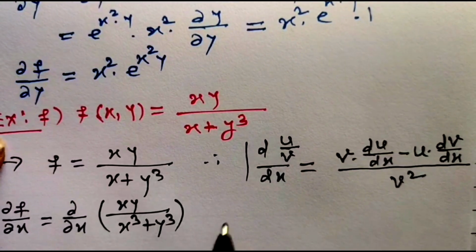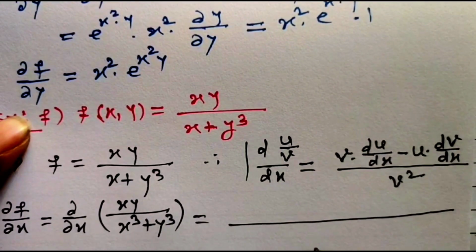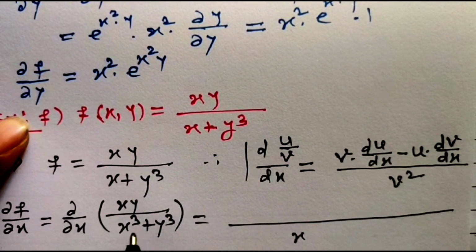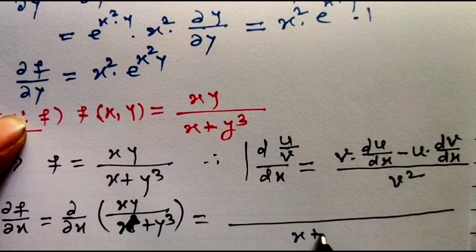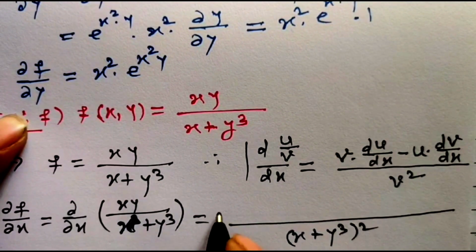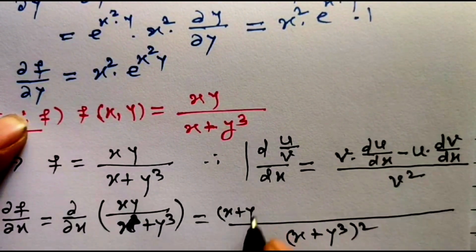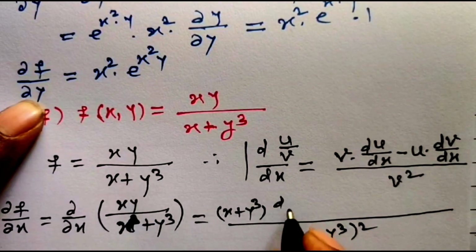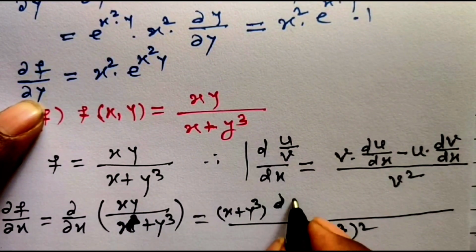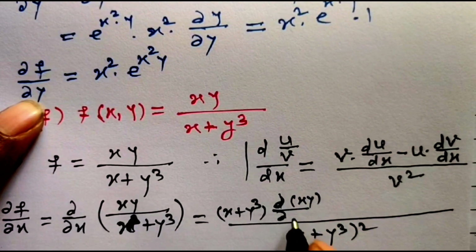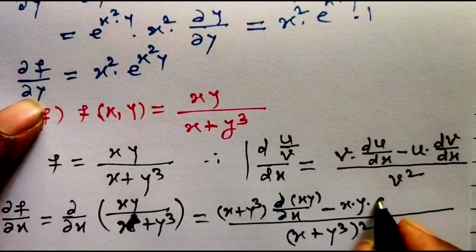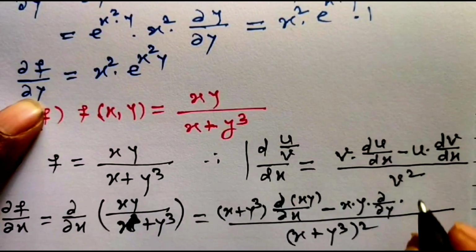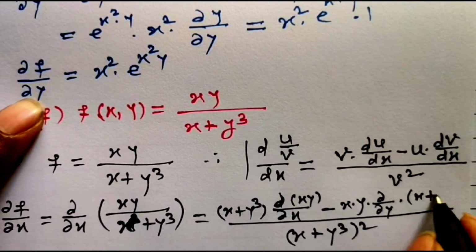So this is equal to, we can write the denominator square, x plus y cube square of this, then the numerator x plus y cube, keep this denominator as it is and find the derivative of the numerator, the partial derivative of x into y with respect to x, minus, now keeping the numerator as it is, find the partial derivative of the denominator, that is x plus y cube.